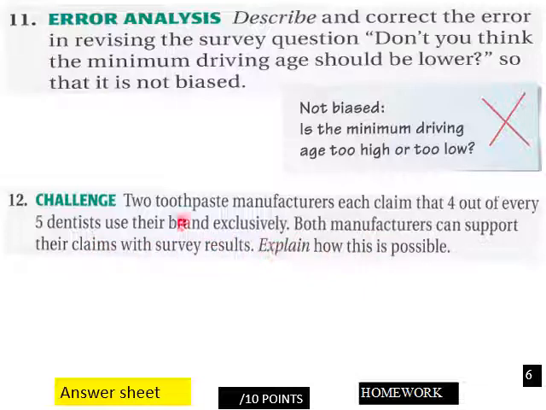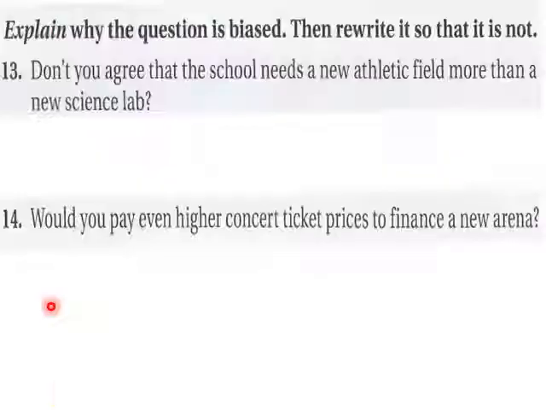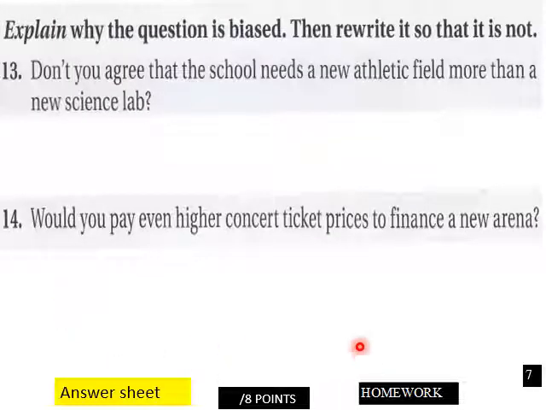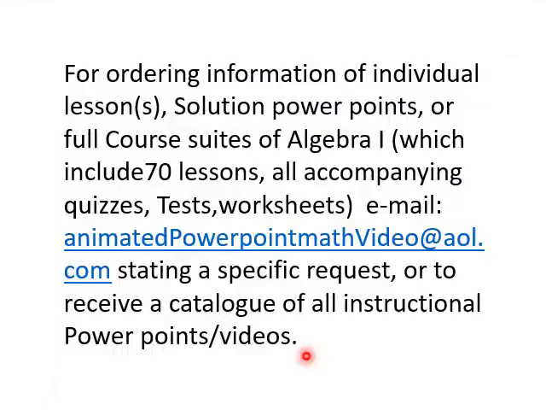And then this is an explanation question, so use this area here. If you need more room, students, attach an answer sheet. And then page 7 here. And that is 10.1, chapter 10, first lesson.